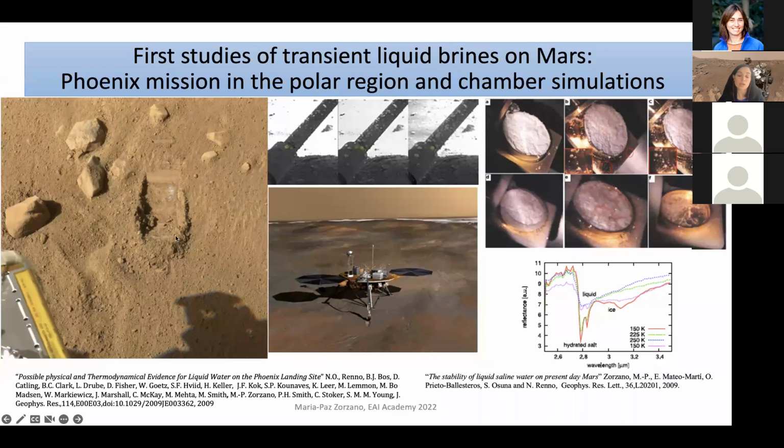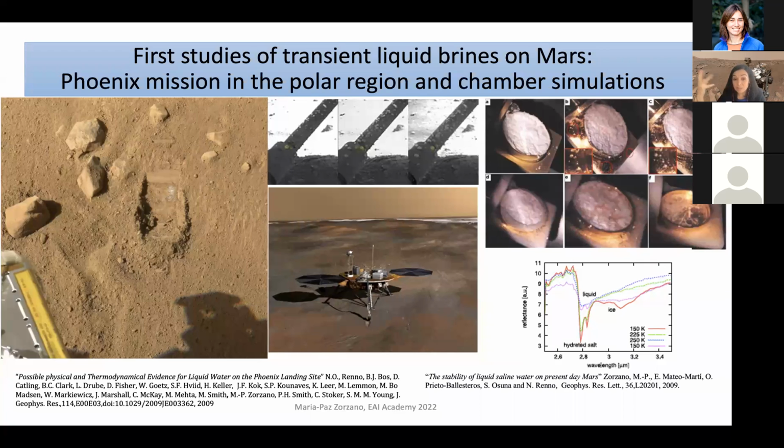So there was this tool that could actually dig into the upper centimeters, and when this was done, we could see some bright patches of water ice. And if this water ice was pure, then it would have immediately sublimated, but instead it stayed for many days. And this made the scientists in the team think that the ice is not pure and is instead mixed with some salts. And the salts are the ones that are giving this frozen mixture higher stability against sublimation.